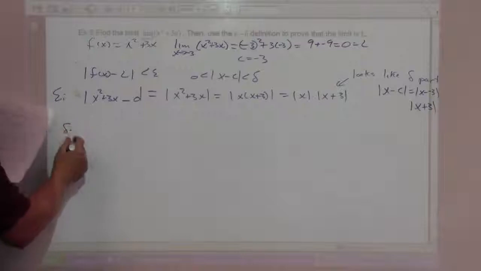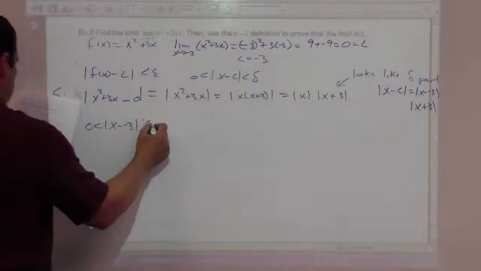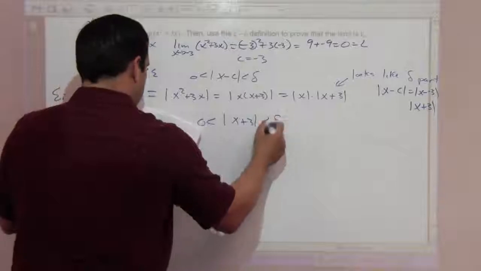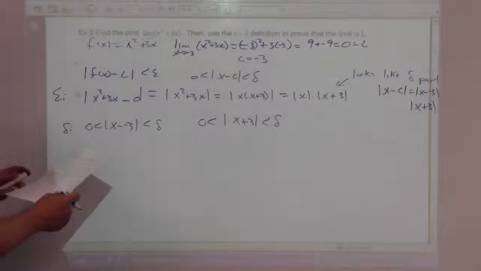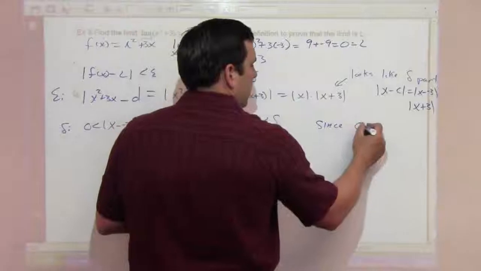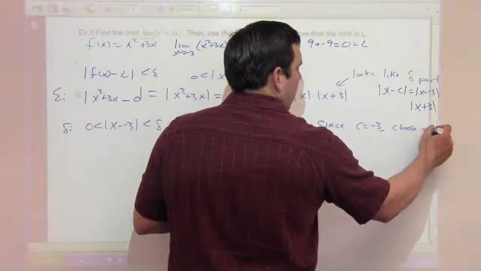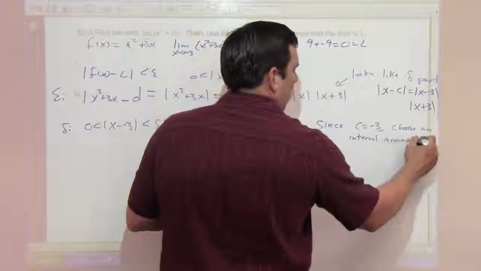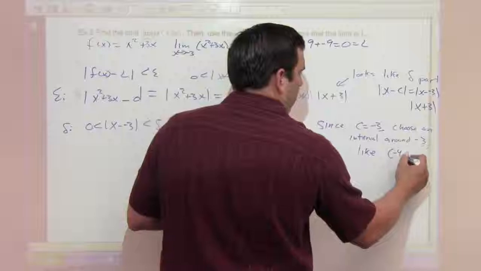Now for the delta portion. 0 is less than the absolute value of x minus negative 3, less than delta. So 0 is less than the absolute value of x plus 3, less than delta. And since c equals negative 3, choose an interval around negative 3, like negative 4 to negative 2.